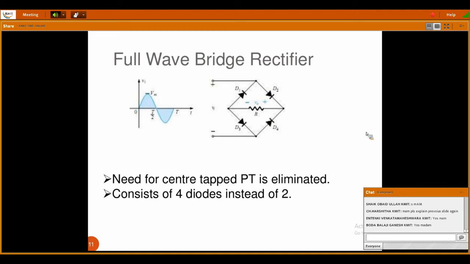Here you see the construction, the circuit diagram of a full wave bridge rectifier. You can see the need for a center tap is eliminated and it consists of 4 diodes instead of 2.